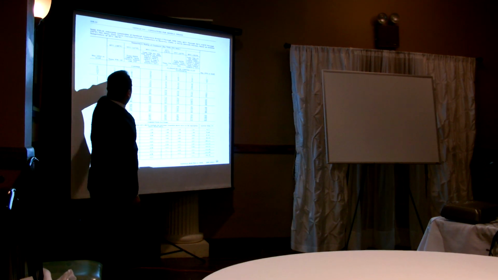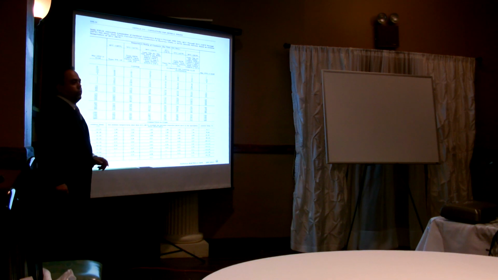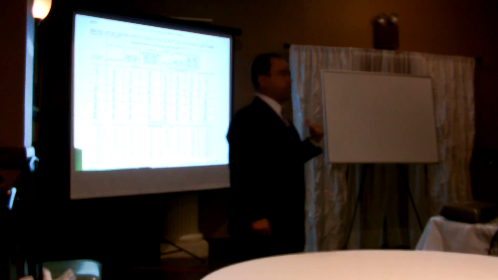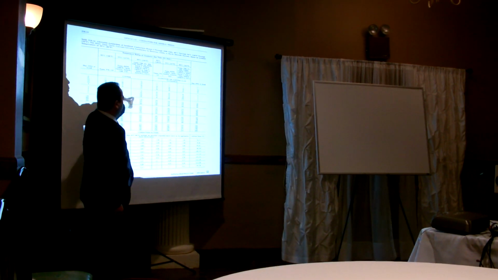Number 8 wire is at 50 amps. We normally fuse them at 40, but you can carry 50 amps on a number 8 wire safely. All right? And so forth and so on. As the numbers get smaller here, the amperage rating gets higher.